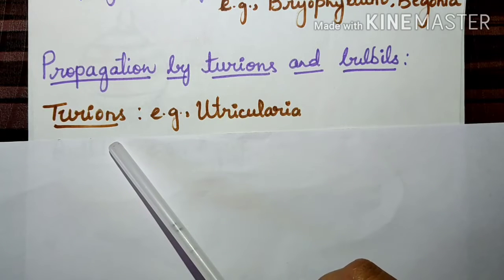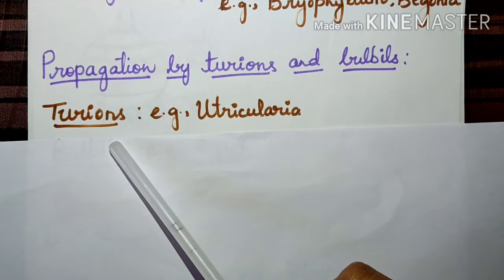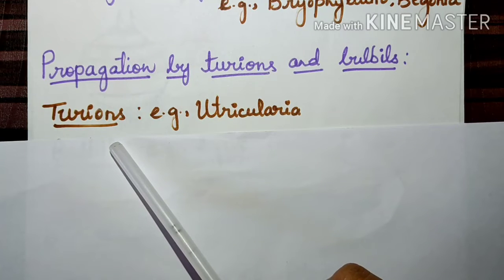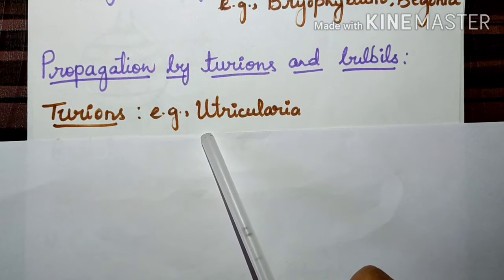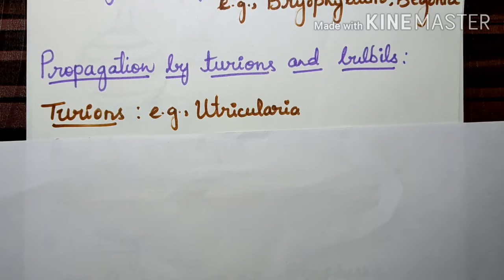It is a swollen bud which contains stored food. It detaches from the parent plant and germinates under favorable conditions. You can see this in Utricularia, commonly called bladderworts, which grow in fresh water and even in wet soil.